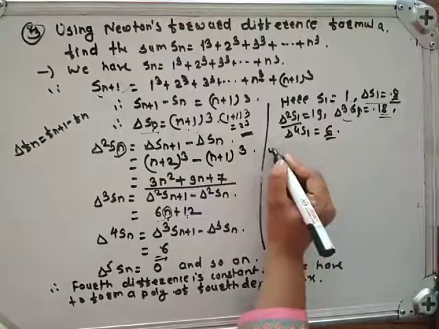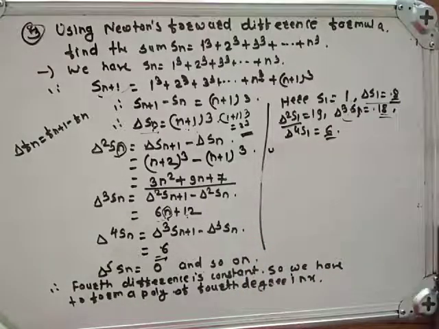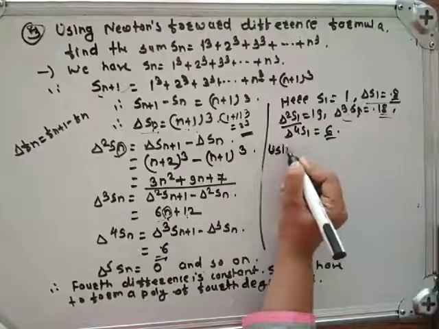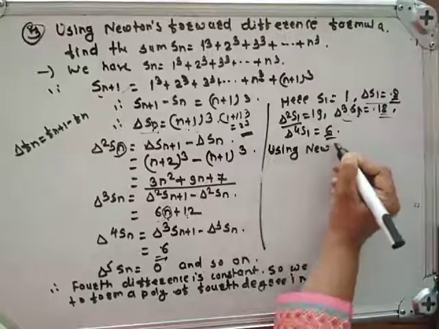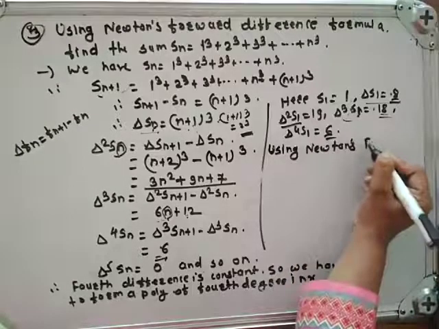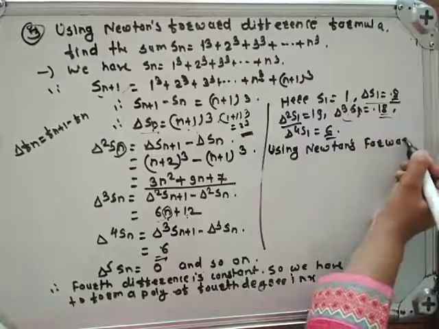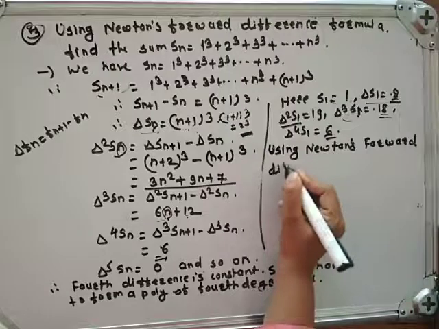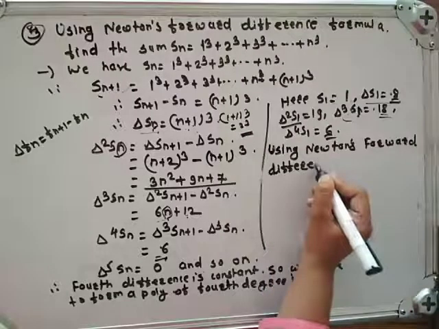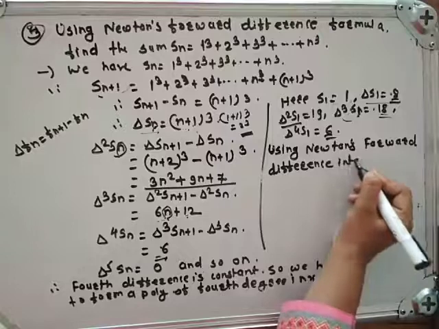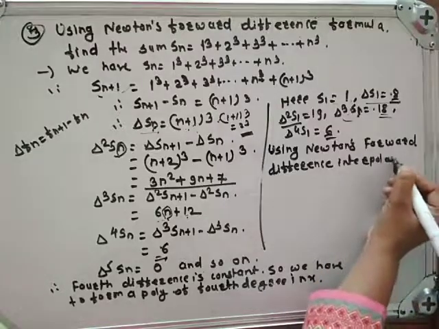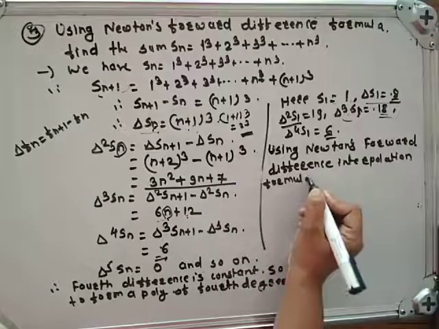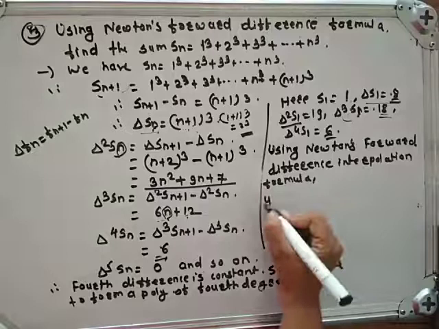Now, by using Newton's forward difference interpolation formula. What is the formula?